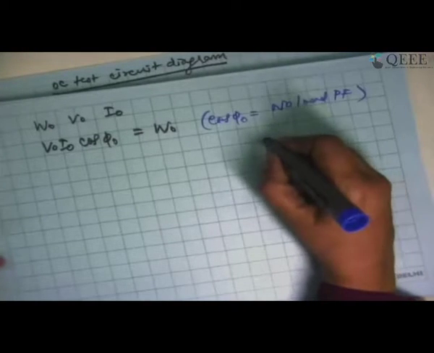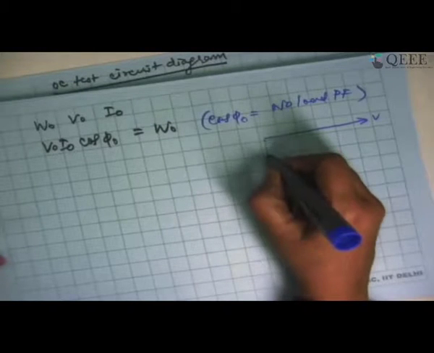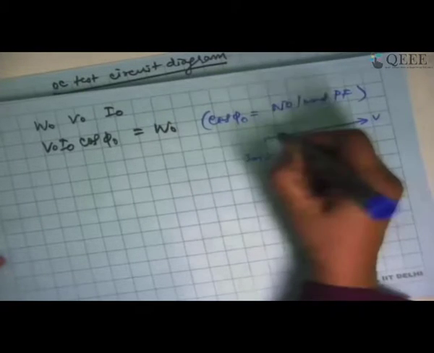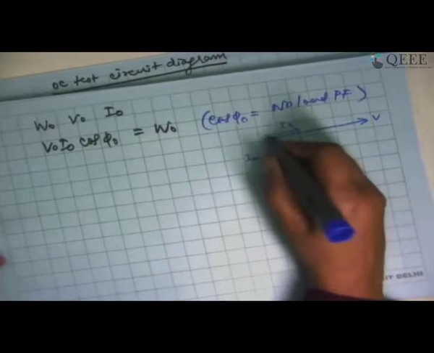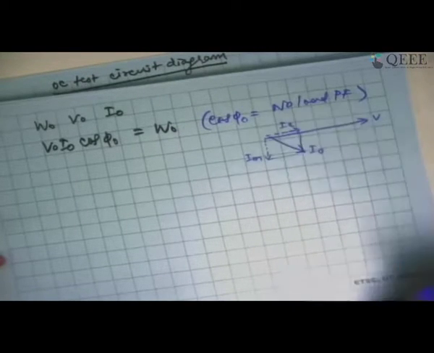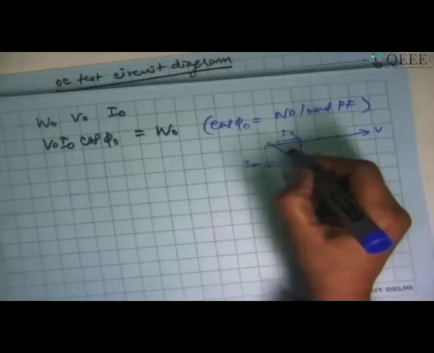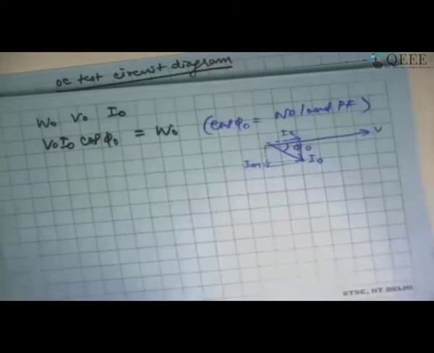If you may recall the phasor diagram, this was our voltage and I had the magnetizing current like this and the core loss component of current like this. When I added the two, I got I0. This is what we drew as the phasor diagram. Clearly, this is phi naught, the no load power factor angle.